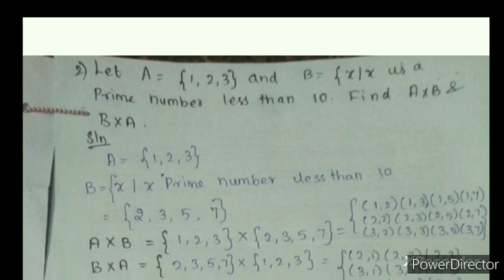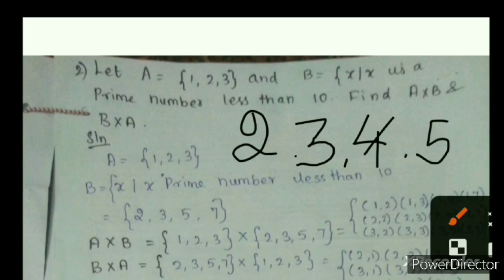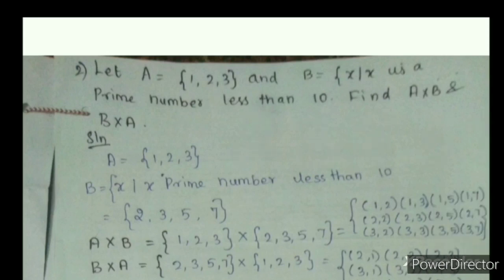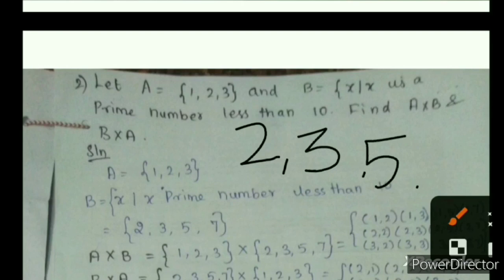Let's take 2 as a prime number less than 10. 3 is also a prime number because 3 is divisible by 3 and 1. 4, we should not take 4 because it is divisible by 2 also. 5 is a prime number, and 7. So the prime numbers less than 10 are 2, 3, 5 and 7.